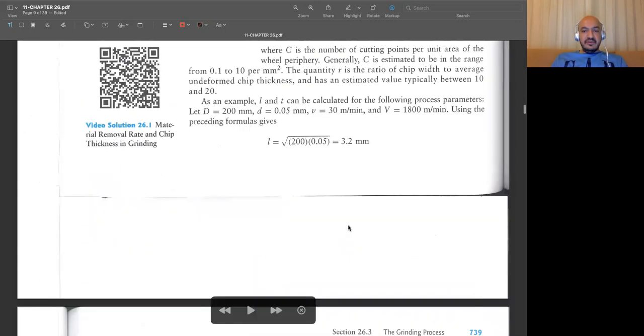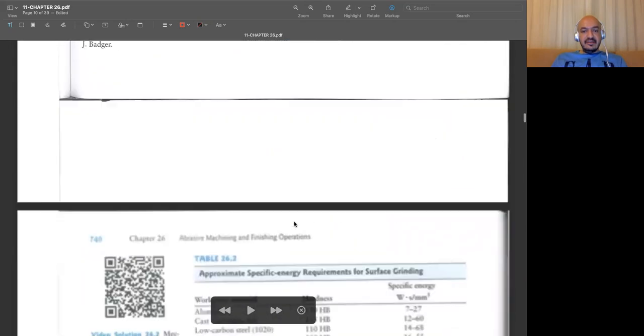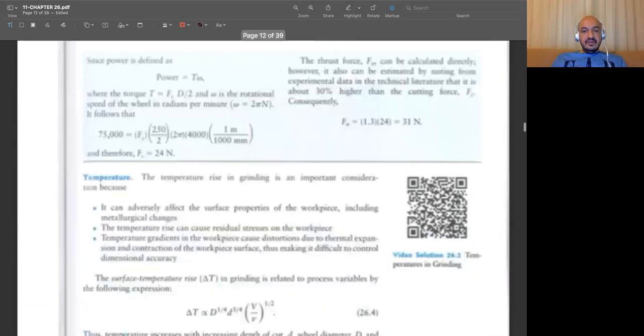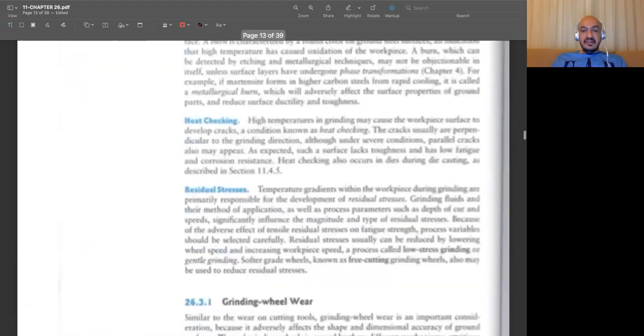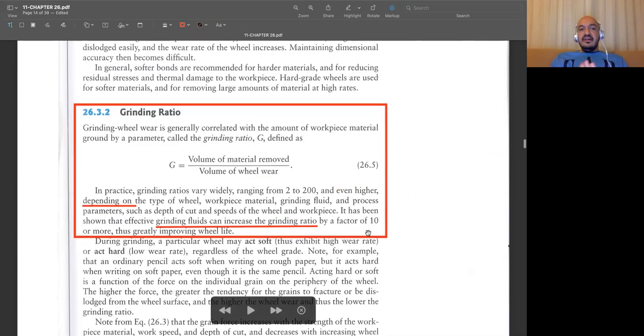And you're not responsible for the math behind the material removal rates. I want to talk a little about the grinding ratio. As we discussed, grinding wheels are highly utilized in abrasive machining processes, and we have a specific ratio for these wheels. What is that? It's the ratio of the volume of material removed in the process to the volume of wheel wear.